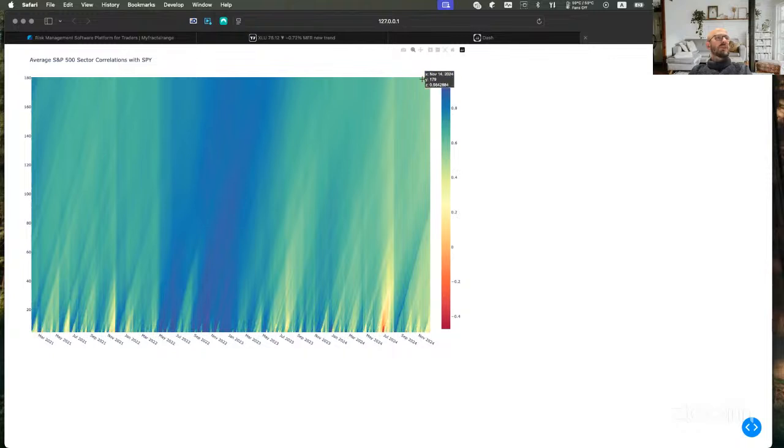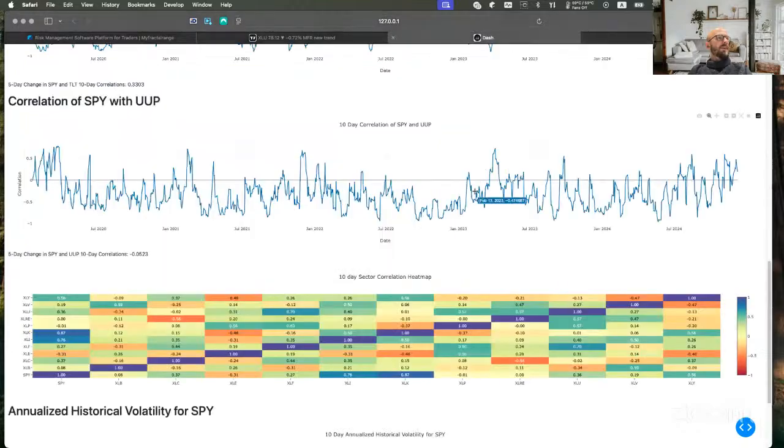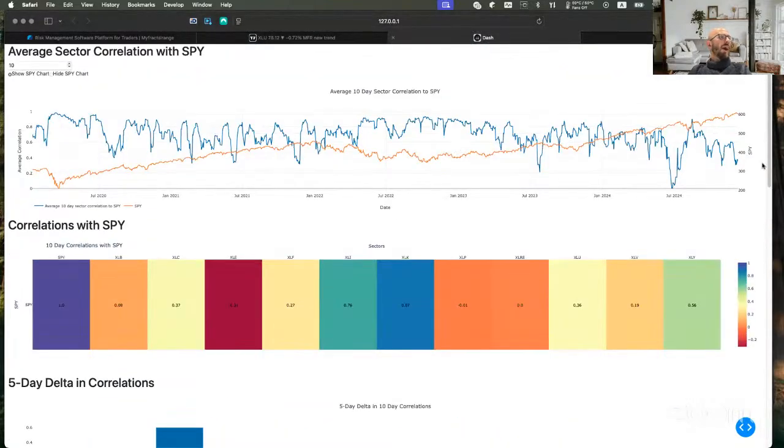These average correlations are at about 0.4, 0.5. We can see a chart here, and I always monitor this. So, for example, 10-day sector correlation is currently at 0.38, 0.37, which is low. What it usually means is that trades are still not crowded, so there is plenty of capital that can go and be injected into the market.